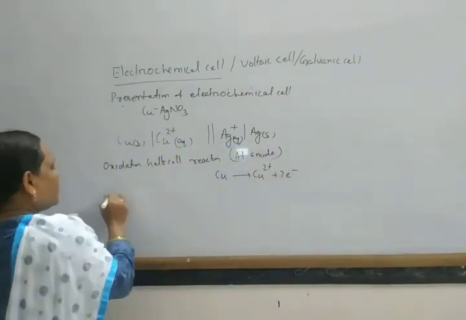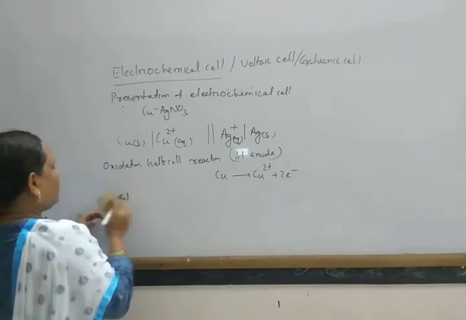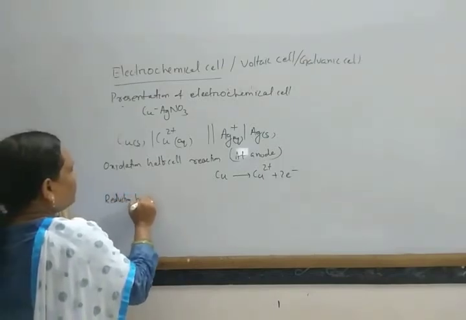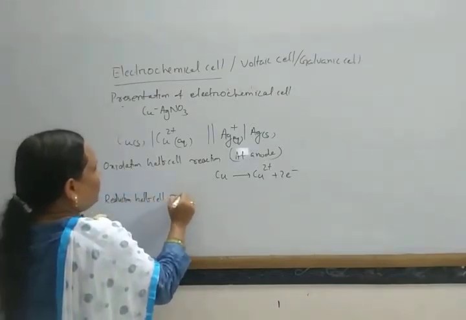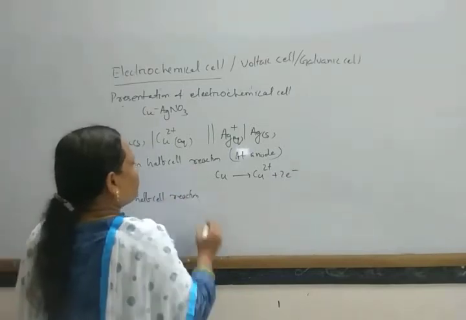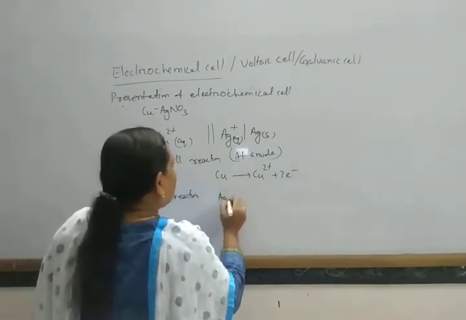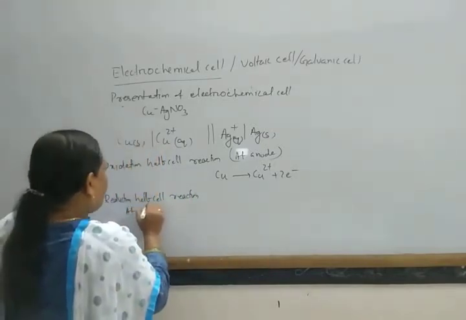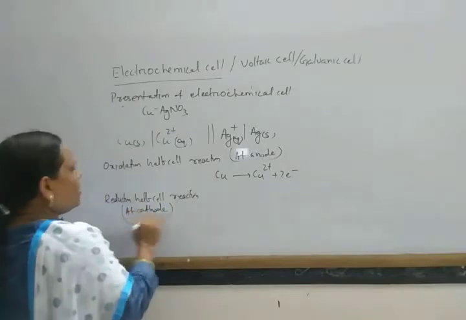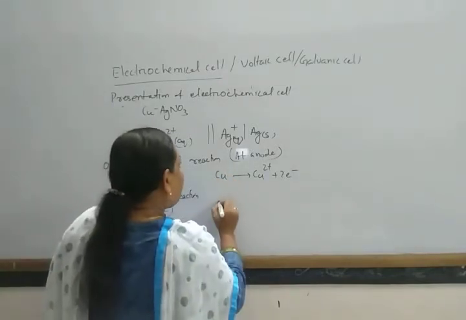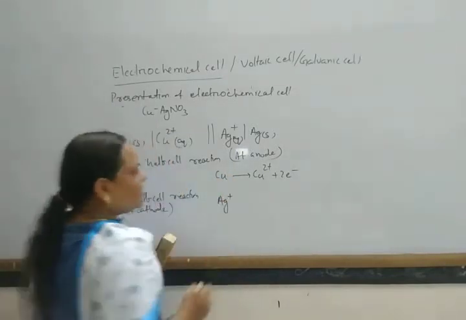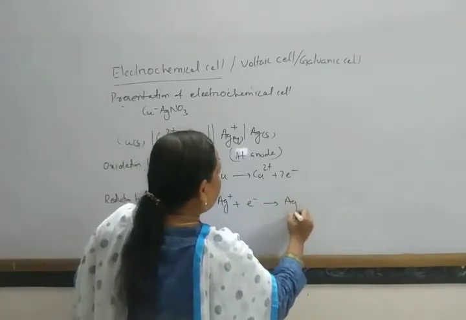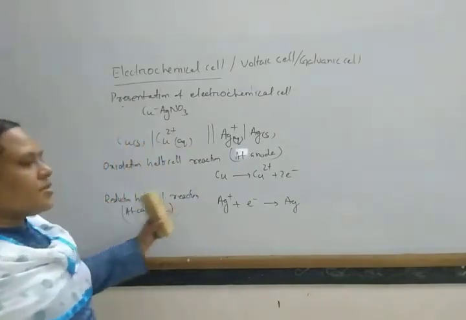What is the reduction half cell reaction? That takes place at the cathode. Ag+ plus an electron gives rise to Ag. So this is the reduction half cell reaction.